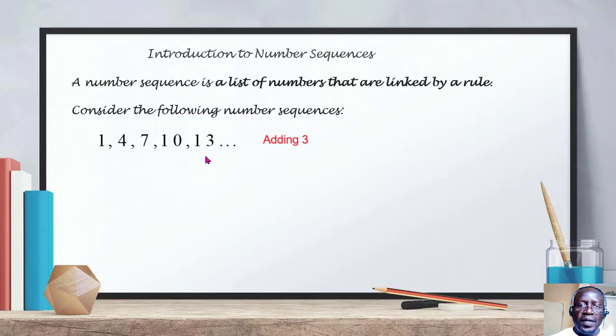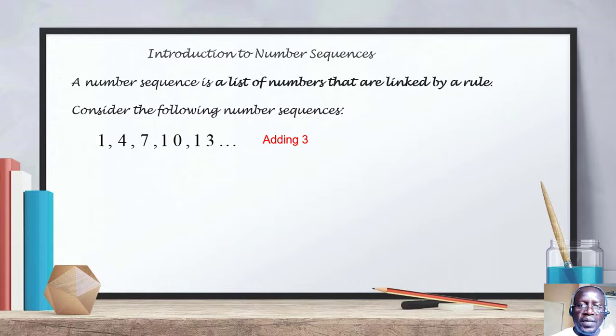These numbers are progressing in this sequence by adding 3. 1 plus 3 is 4. 4 plus 3 is 7. 7 plus 3 is 10, and 10 plus 3 is 13.